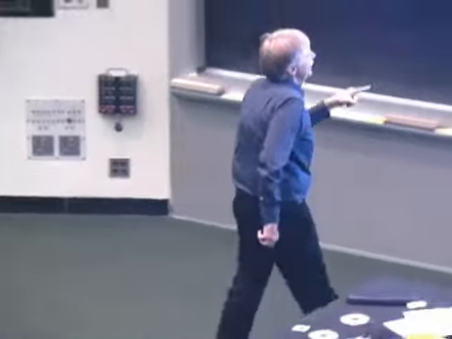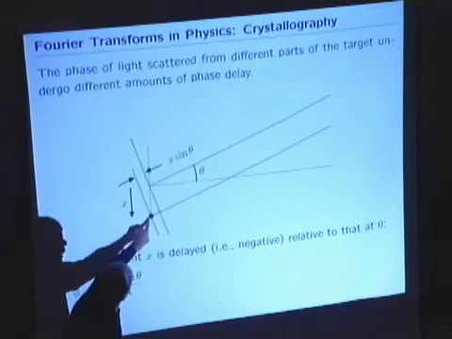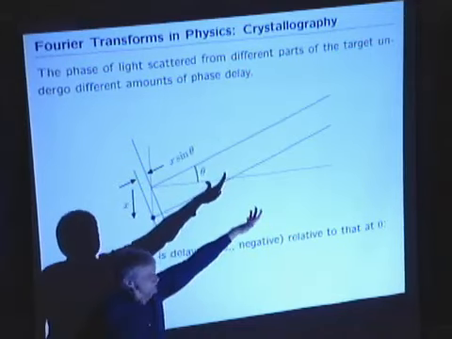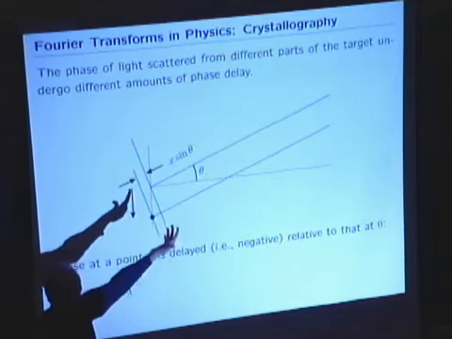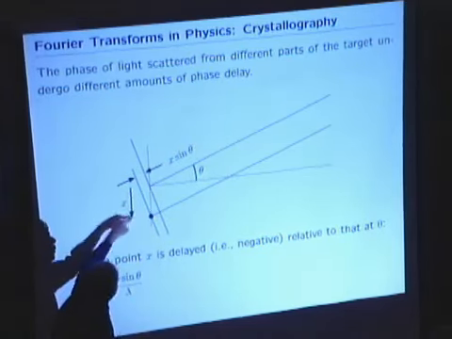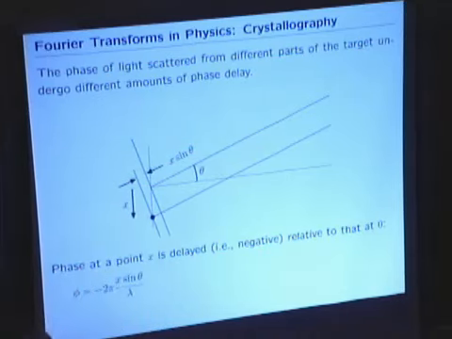And if you think about points in the target, now I'm going to think about just one point. So this is the target space. Way out there is the far field. So in the target space, there's an x coordinate, there's a y coordinate, there's a z coordinate. Let me just worry about x for the moment.